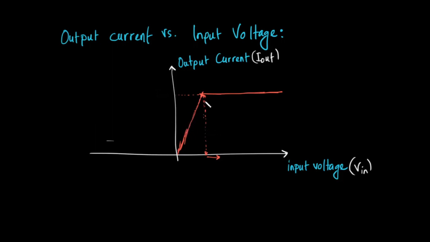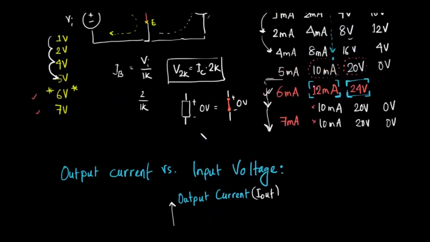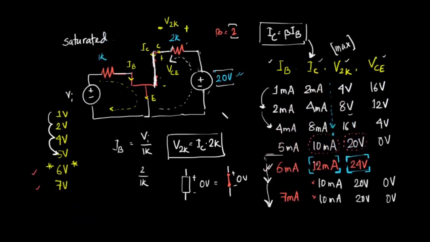So you can see that there are two distinct regions in this graph. When the transistor was in this region, the output current was being controlled by the input voltage, or the input current as you may say. And as the input voltage was increasing, the output current was also increasing.